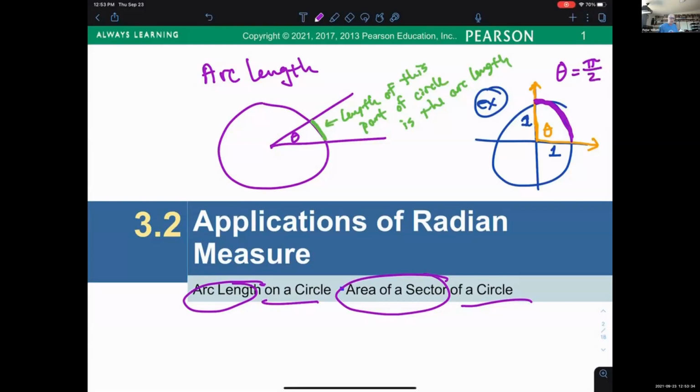Again, that's just a number, and that is also the arc length in this particular case. That's the length of that arc of the circle.